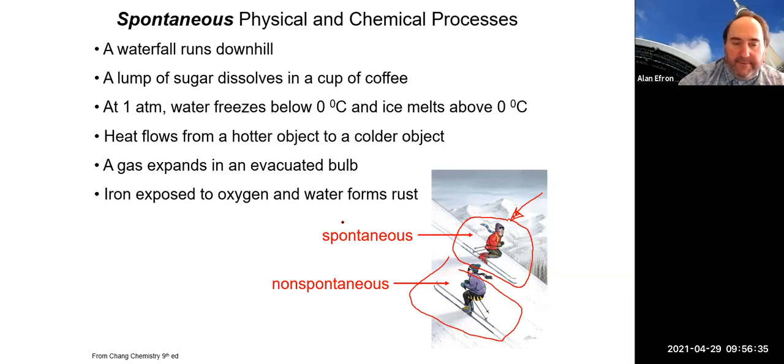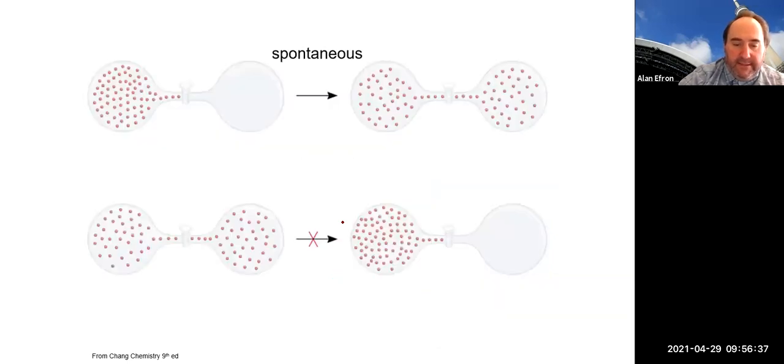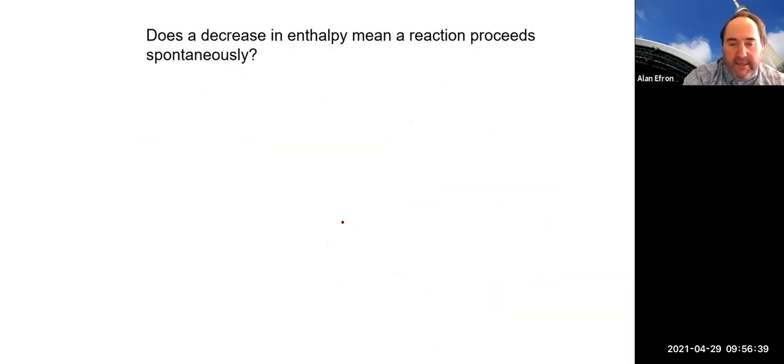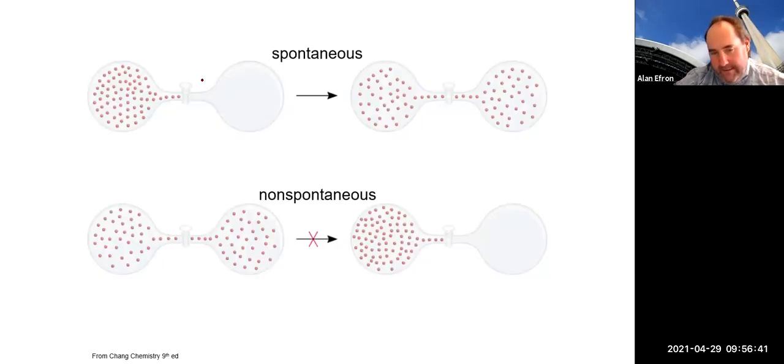Some other examples here of things that are spontaneous and non-spontaneous. I'm not sure how well it came out, but this is basically two glass cylinders that are connected by a valve right about there. If we open the valve, everything filling the left-hand side is going to be released, come over into the other side, and fill it up spontaneously.